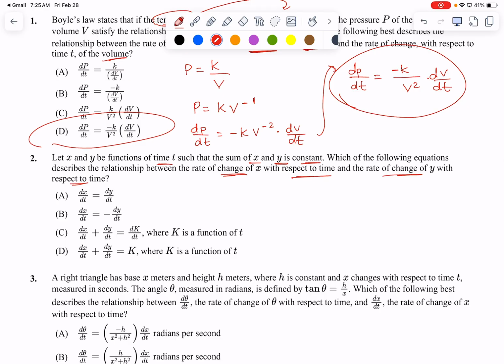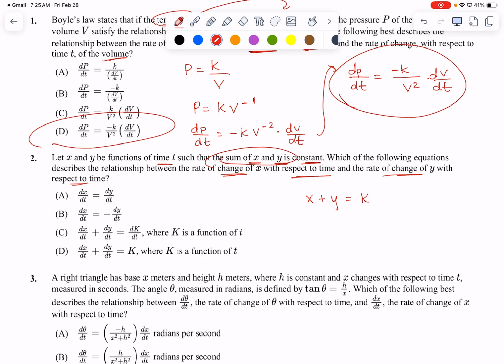I don't have to worry about the constant. I'm just saying that's the equation, the sum of x plus y. So x plus y is equal to k, a constant.